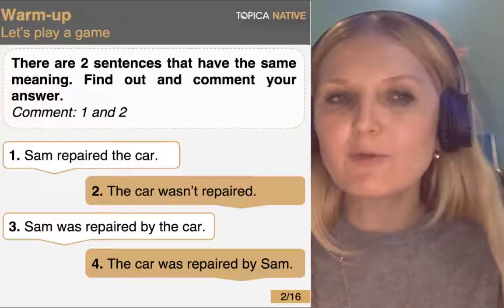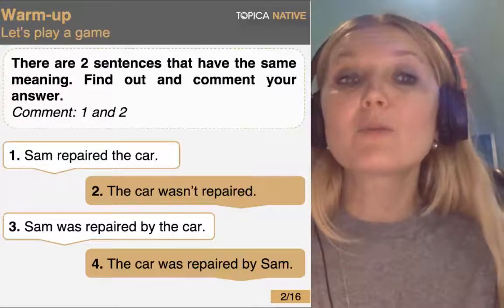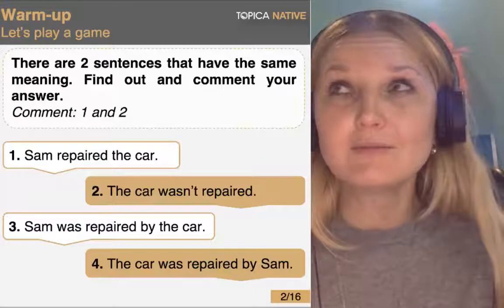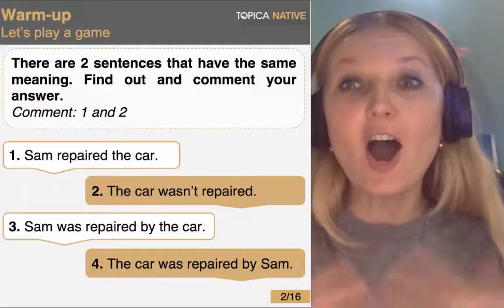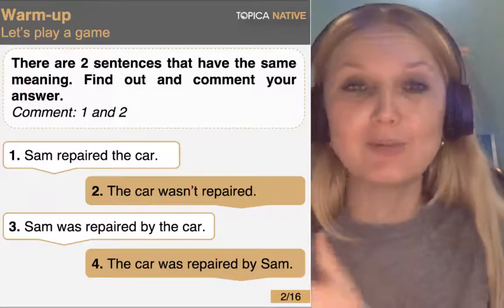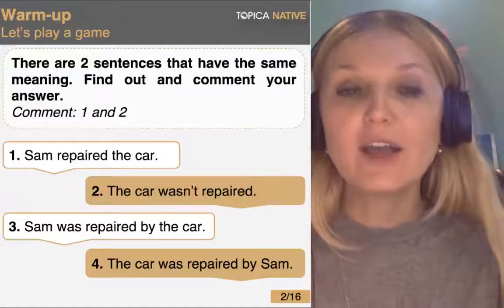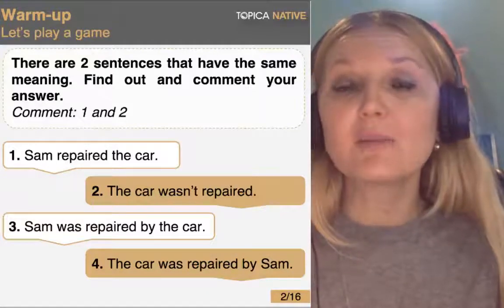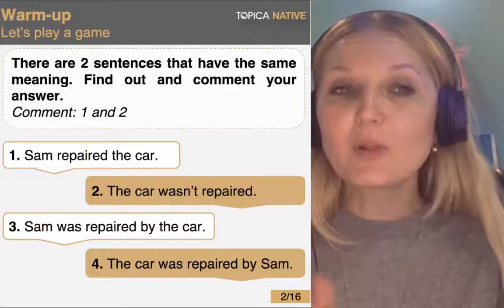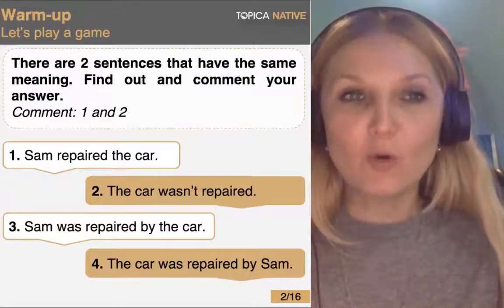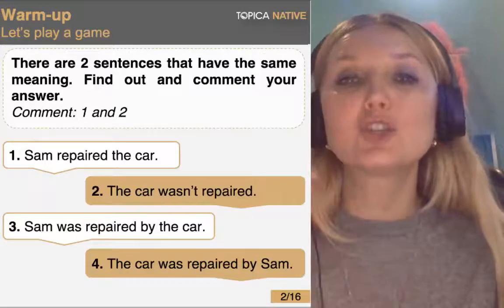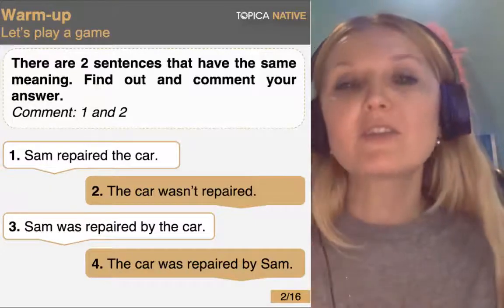So something different. Number 3, Sam was repaired by the car. It's kind of funny that cars can repair people. I don't know. And number 4, the car was repaired by Sam. So please find 2 which have the same meaning.